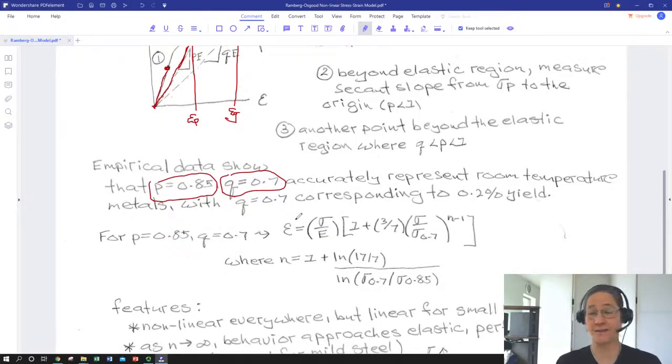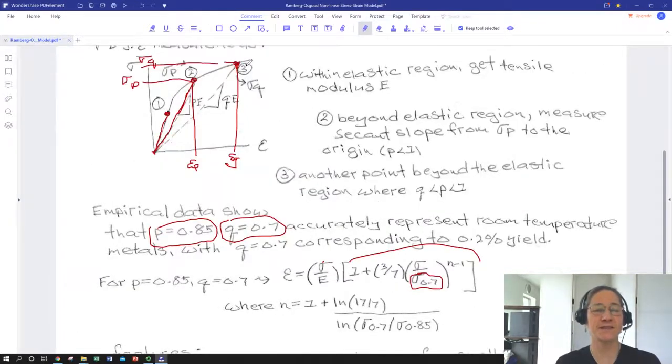And it turns out now we can say strain at any point is the stress that you've applied at that point divided by our modulus times this expression. Now it looks like we got more complicated, but as it turns out, we've now defined those constants. So we end up with 1 plus 3/7, then we multiply by, again, our applied stress, the same applied stress you had out here, divided by the stress that corresponds to 0.7.